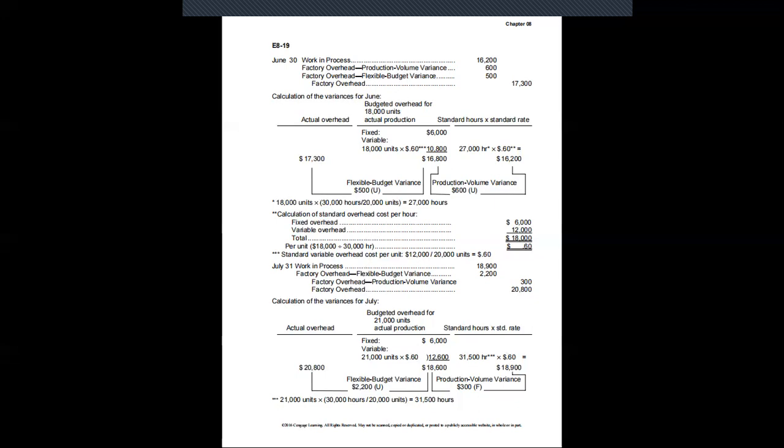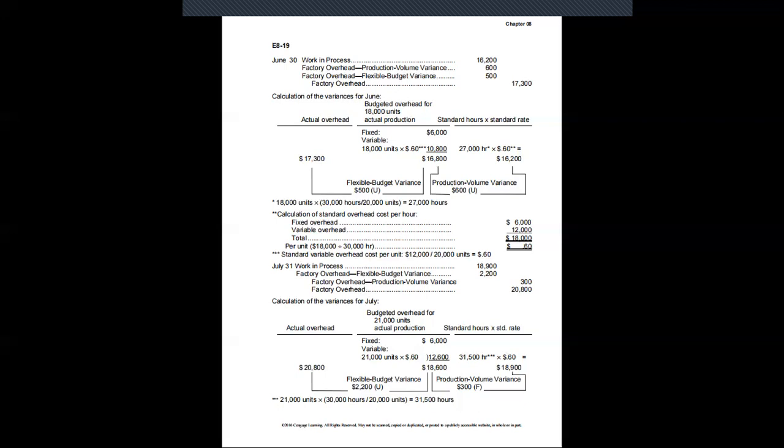We have a debit to factory overhead flexible budget variance for 500 and credit to factory overhead for 17,300. Now we have the given amount of factory overhead actual, 17,300, and that's our credit to factory overhead.